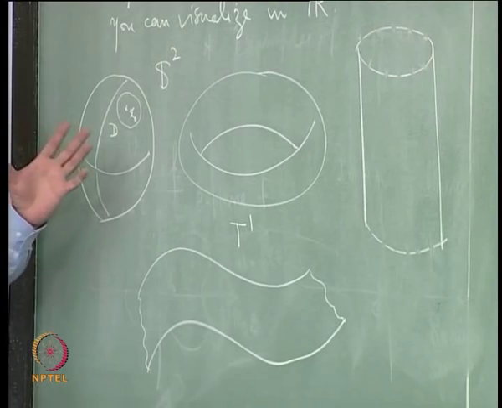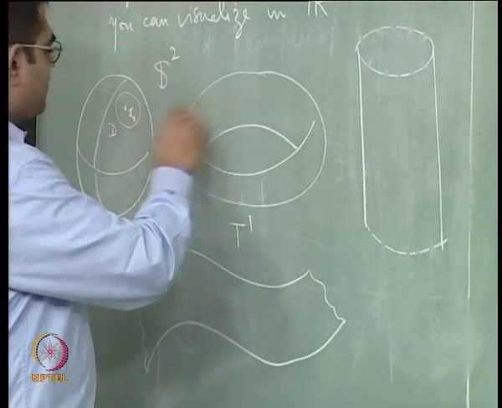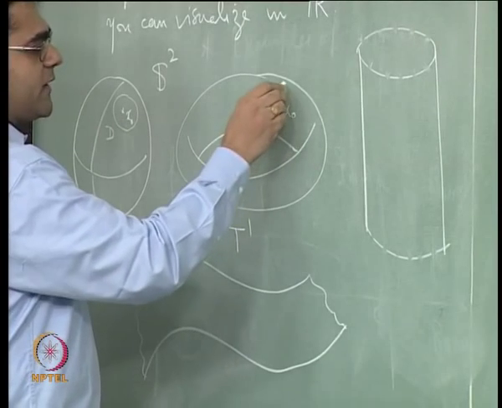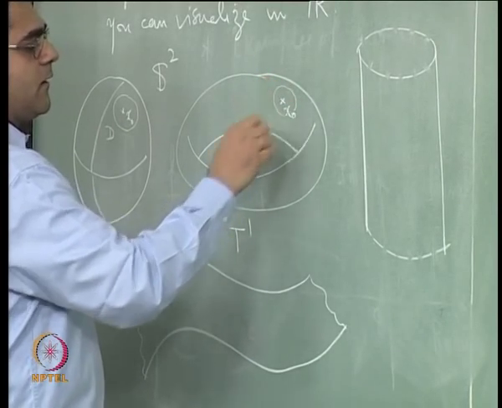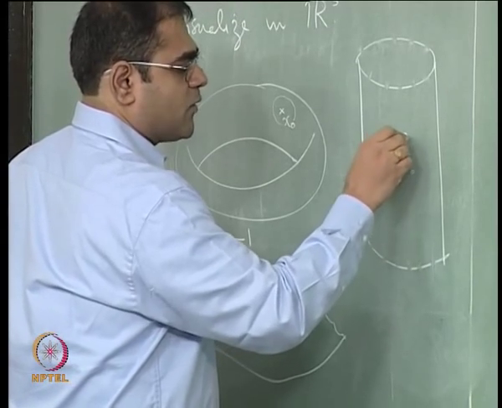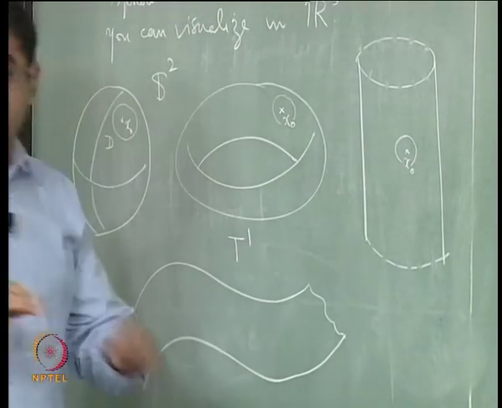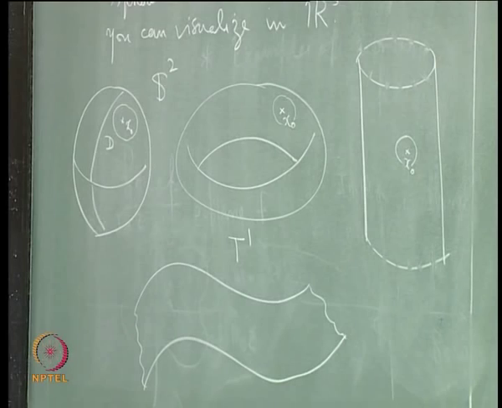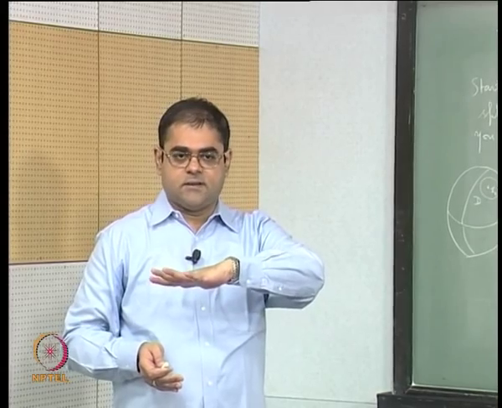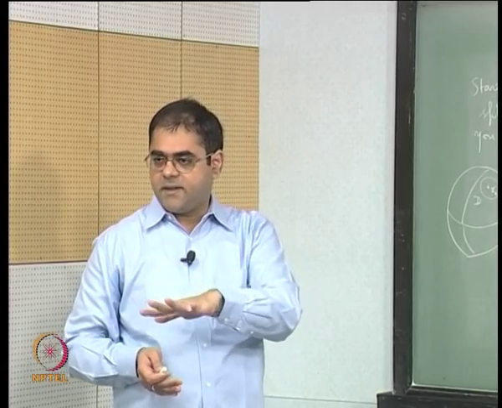So I can think of a similar situation on each of these surfaces. I have a point x0 and a small disk surrounding it. So when I say a small disk surrounding it, the disk is not flat, because the surface is curved, so it is some kind of a curved disk, but topologically you can flatten it and think of it as a disk in the complex plane.